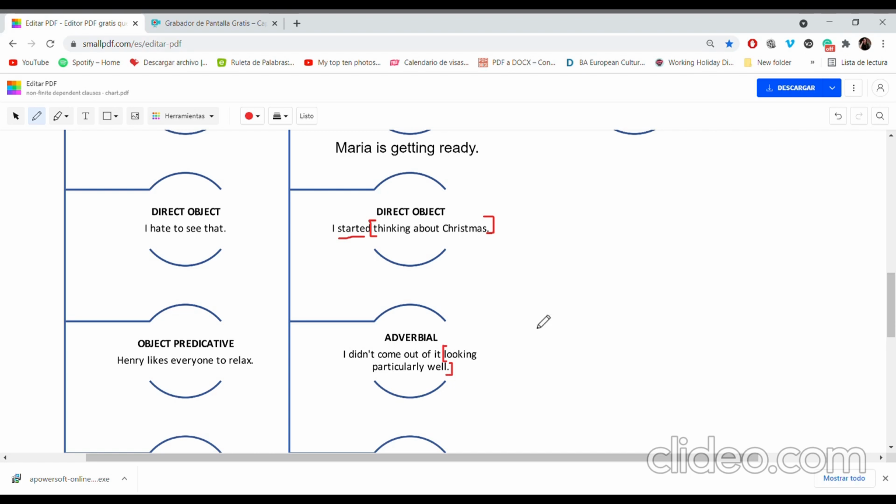If we think of what kind of information looking particularly well is giving to us, we may say that this ing clause is giving us information related to a circumstance, right? So this ing clause will answer the question how, right? So in this case, this is an adverbial of manner.